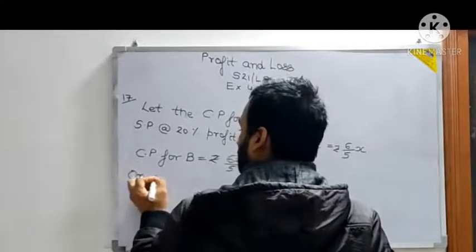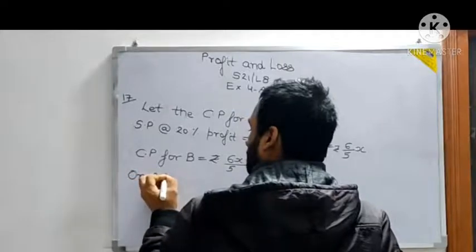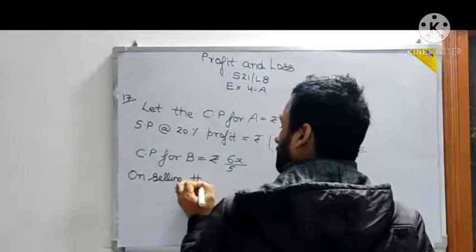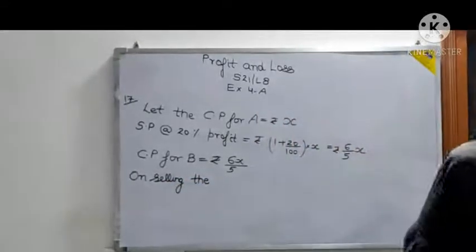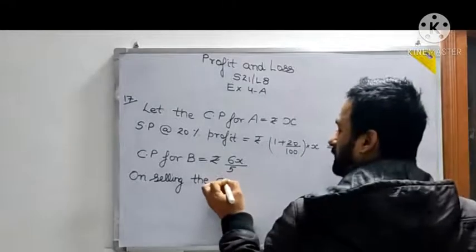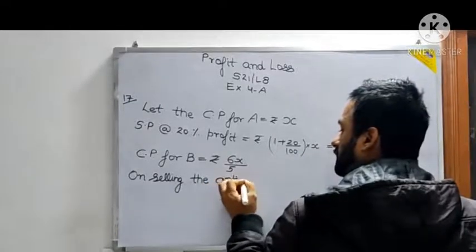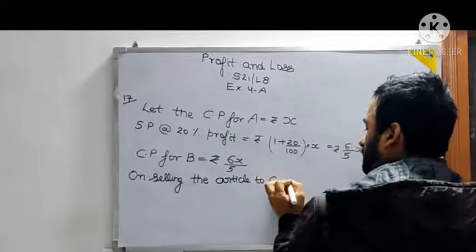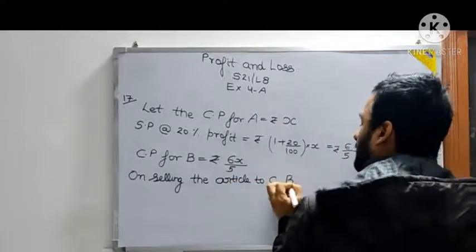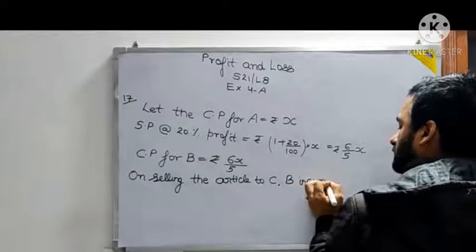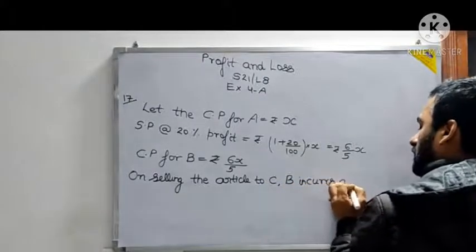On selling the toy. What are they selling? The article. On selling the article to C, B incurs a loss.